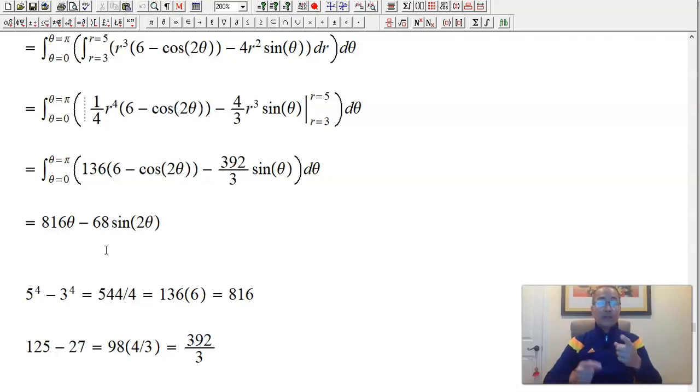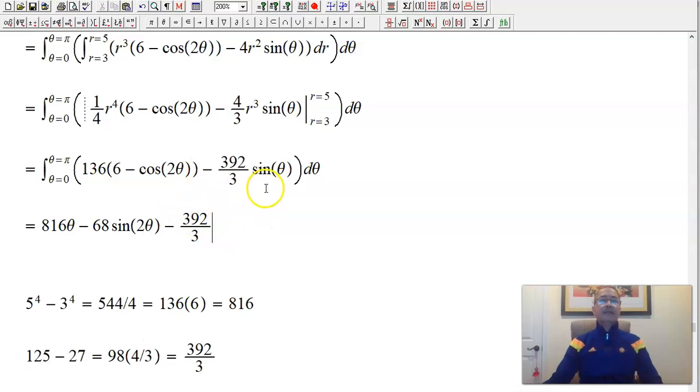Always good to do a mental check. The derivative of sine is cosine, so it stays minus. The 2 comes out by the chain rule, 68 times 2 is 136. And then the last term, we are going to subtract 392 over 3. The sine antiderivative will be negative cosine, so cosine theta, and that should be a plus.